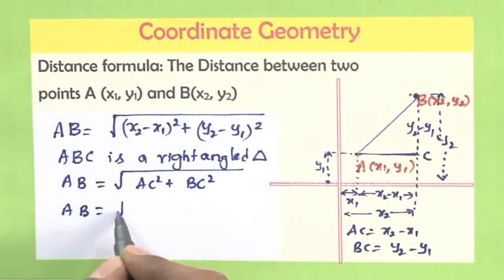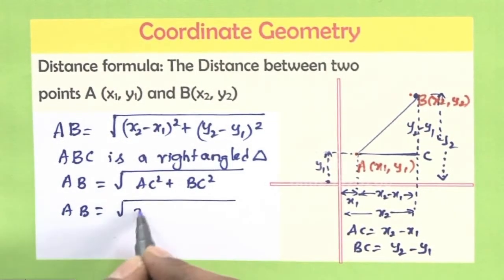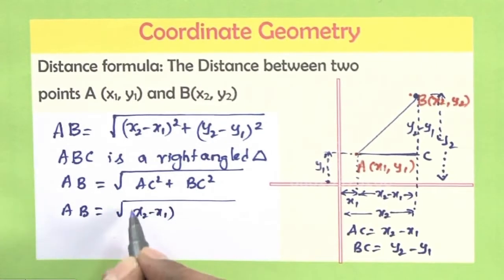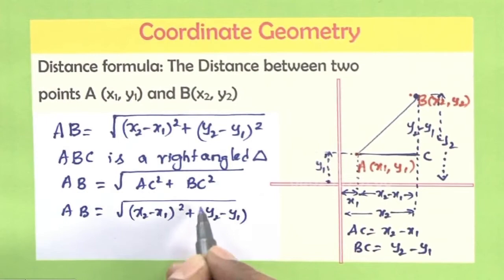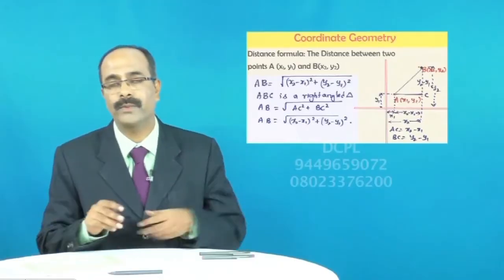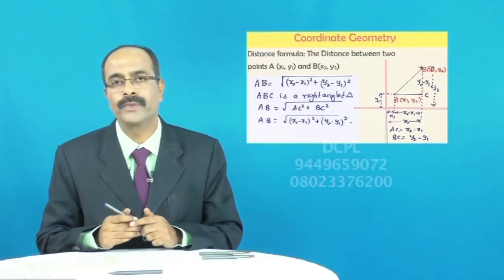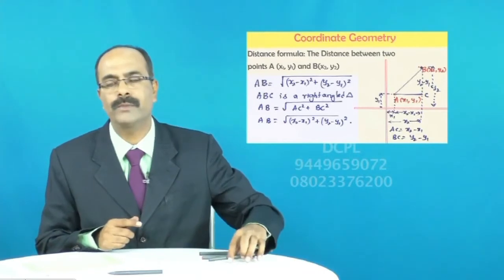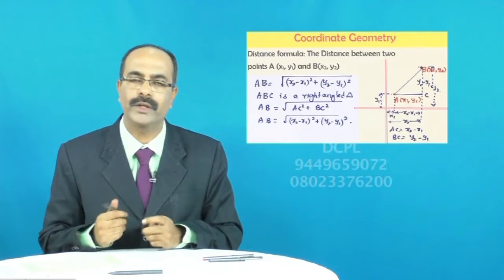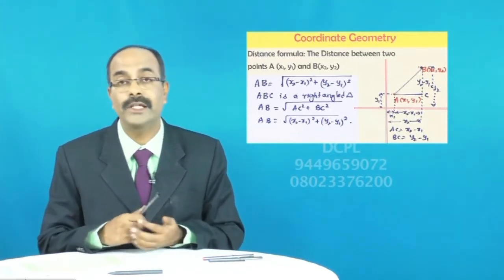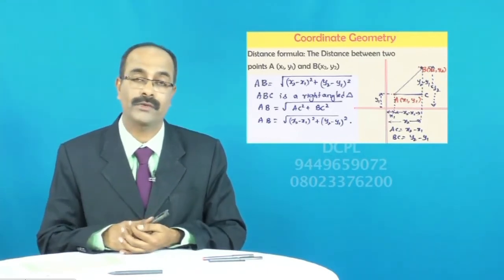So AB is equal to the square root of x2 minus x1 whole square plus y2 minus y1 whole square. So the distance between the points P of x1, y1 and Q of x2, y2 is given by the formula root of x2 minus x1 whole square plus y2 minus y1 whole square, irrespective of the position of x1, y1 and x2, y2.